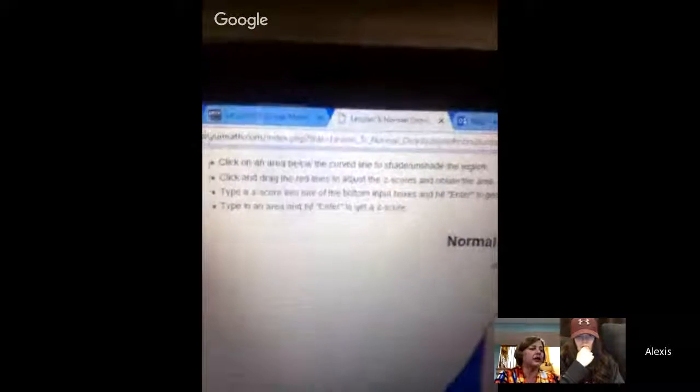It says click on an area below the curved line to unshade the region. Then click and drag the red lines to adjust the z-scores and obtain the area. Then type a z-score into one of the bottom input boxes and hit enter to get an area. Then type in an area and hit enter to get a z-score. My gosh.